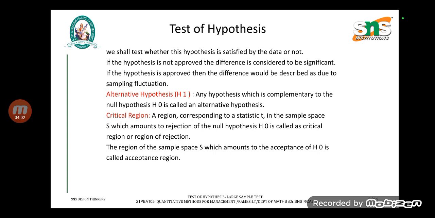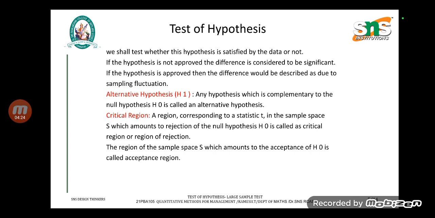So the null hypothesis is given for the data. We check whether there is any significant difference or not. That is the null hypothesis. The alternative hypothesis, which is complementary to the null hypothesis, is denoted by H1. The null hypothesis is H0. The alternative hypothesis is H1. Next, critical region.